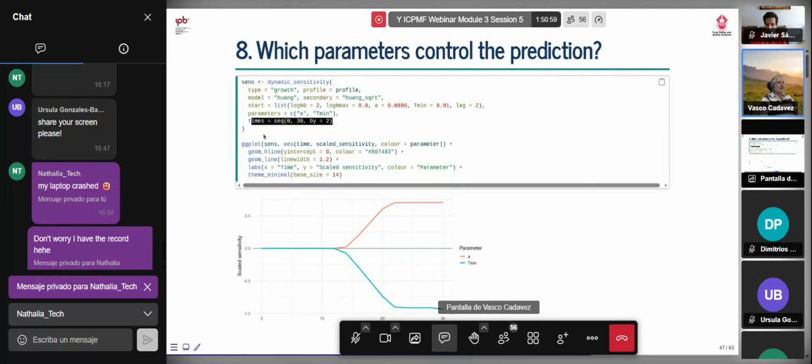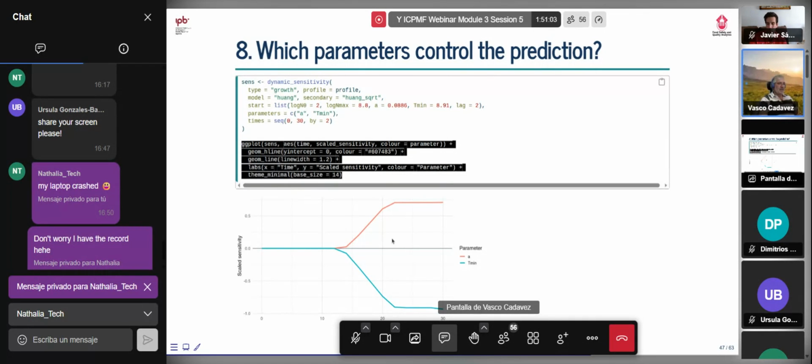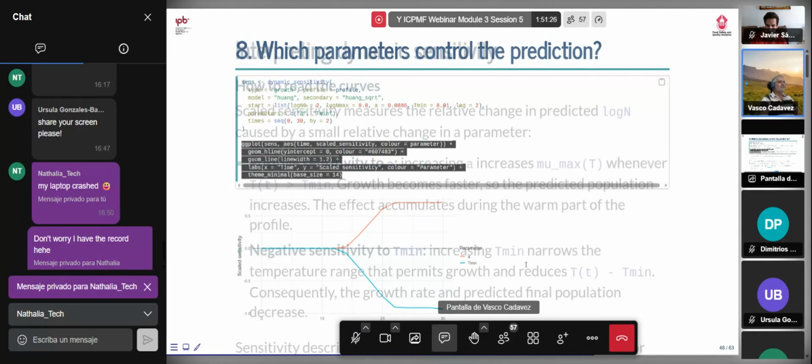the analysis, and then you can plot these results, and you can see the A parameter will have a positive and bigger scale sensitivity, but the T-mean will have a higher but negative scale sensitivity. And between 0 and 10, both are more or less 0.